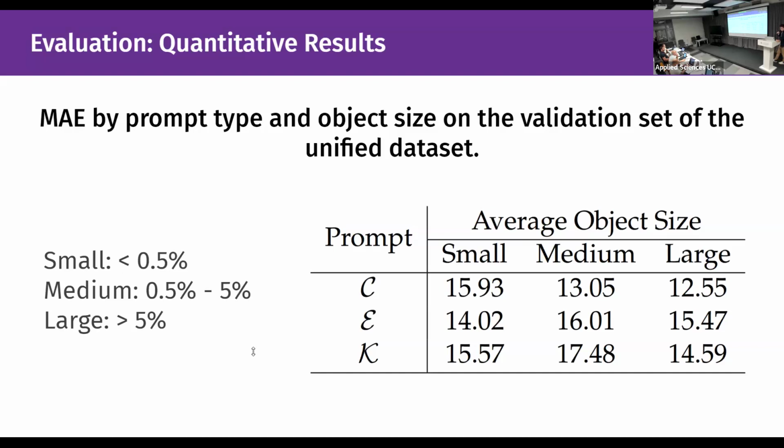We think that this variation could be attributed to the fact that for small objects, the surrounding context, like background, can disproportionately affect the feature representations in cross-image counting, leading to some biased embeddings.